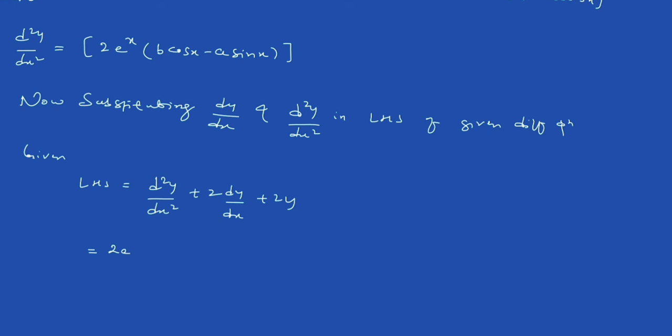2e to the power of x (b cos x minus a sin x). Next, again substitute the dy by dx value.